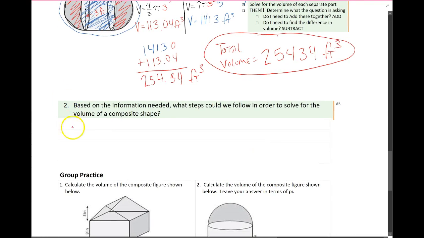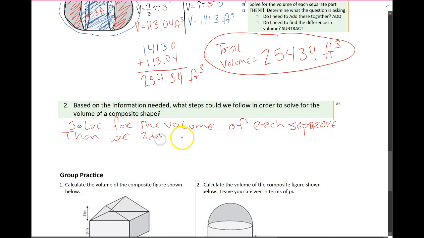Hopefully you can do that on your own, but the basic idea is, in order to find the volume of a composite shape, we solve for the volume of each separate part, then we add or subtract.